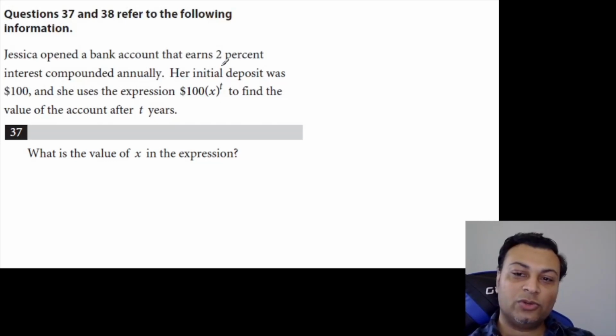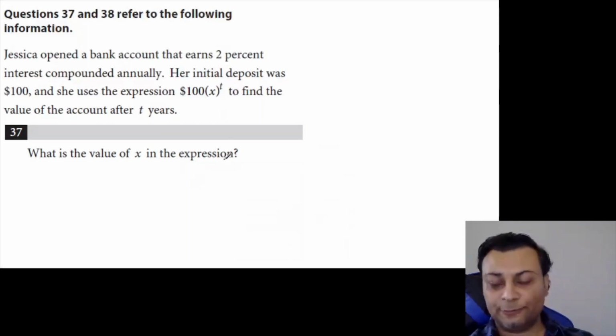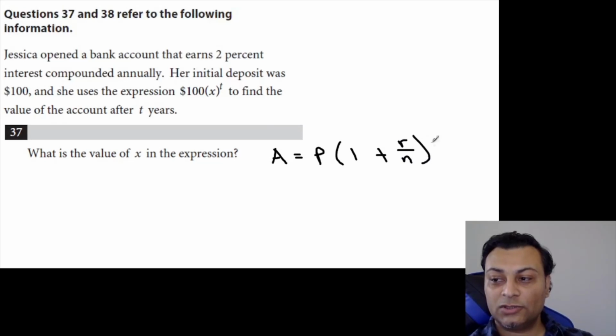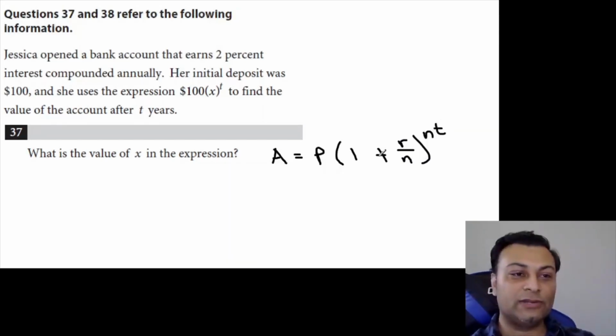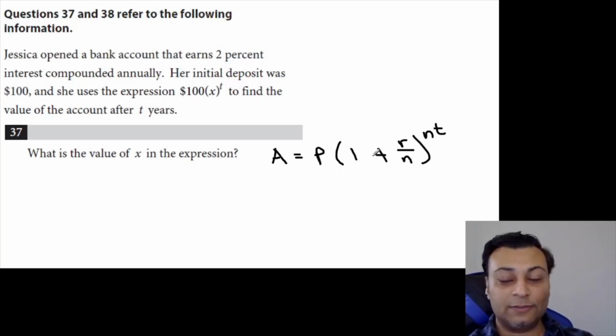Okay, so 2% compounded annually will look like this: our expression is the amount at any time is the principal times 1 plus the rate over the number of compoundings, to the power of nt. This is very useful if you're compounding not annually but some different rate. Maybe twice a year, maybe every month, whatever the case may be.